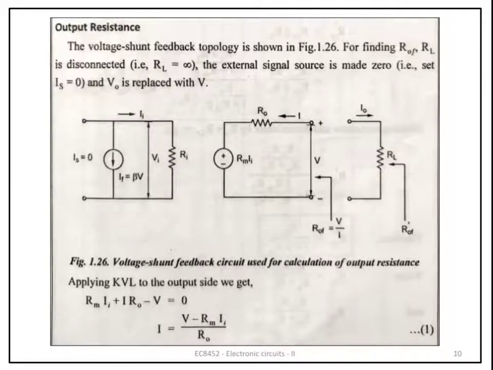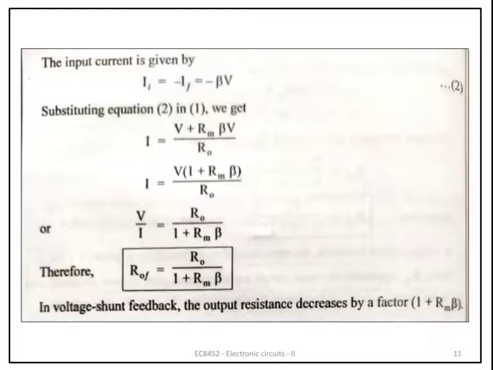The external signal source is made 0, that is, set Is is 0 and V0 is replaced by V. Applying KVL at the output side, we get equations I and II. Therefore, Rof is equal to Ro upon 1 plus Rm beta. That is, in voltage shunt feedback, the output resistance decreases by a factor 1 plus Rm beta.